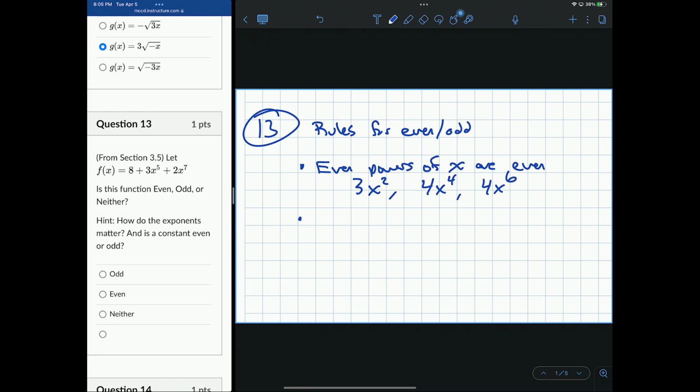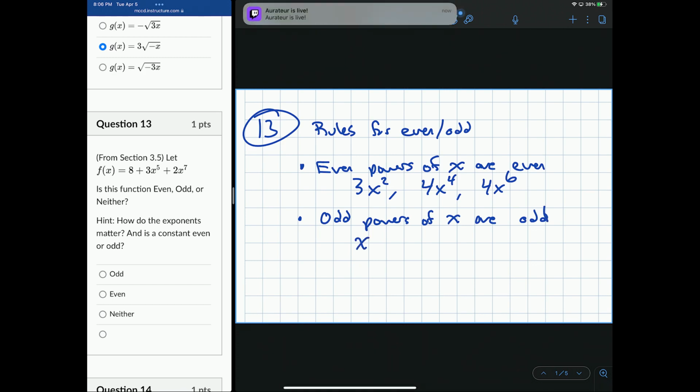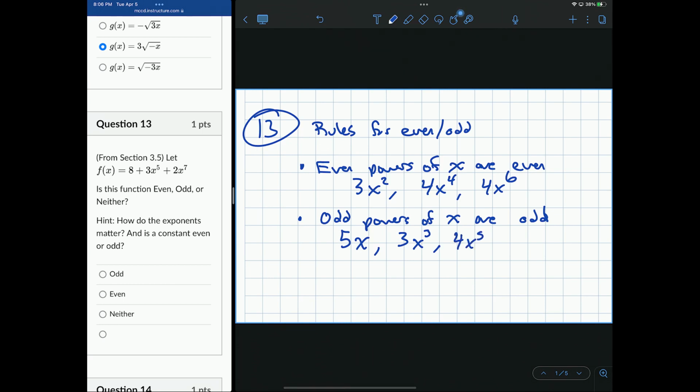Now, odd powers of x are odd. That includes x, because x is x to the 1, and you can put a number out front. Or x to the 3, x to the 5.